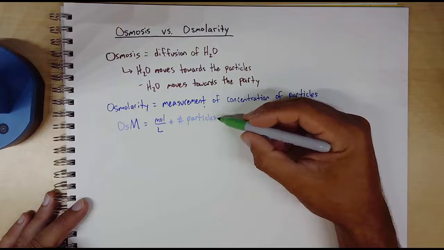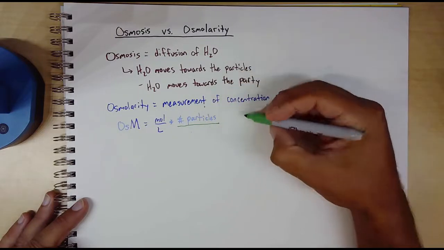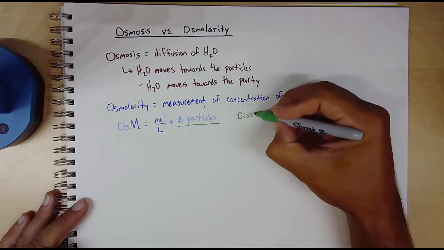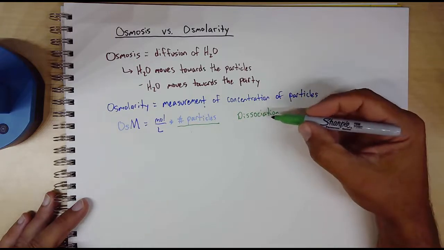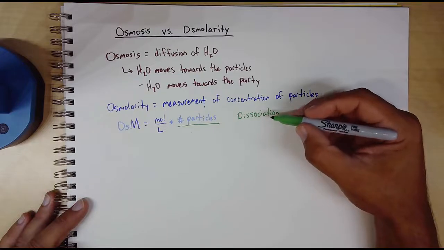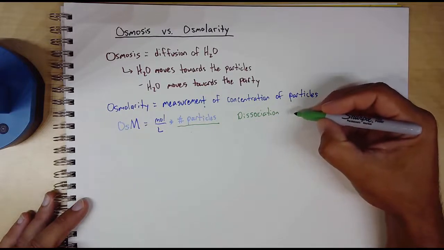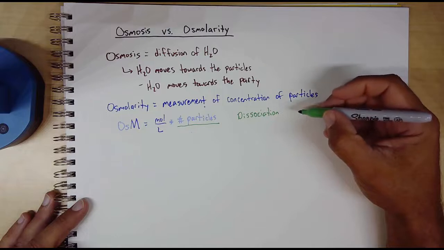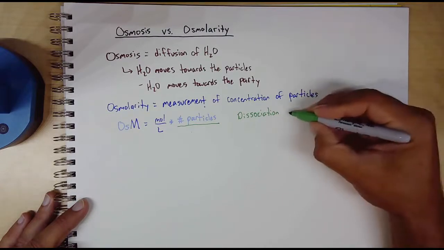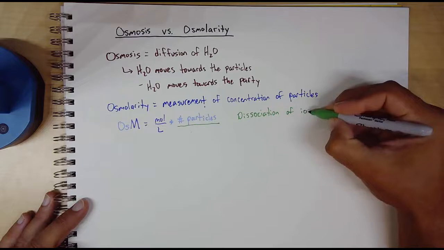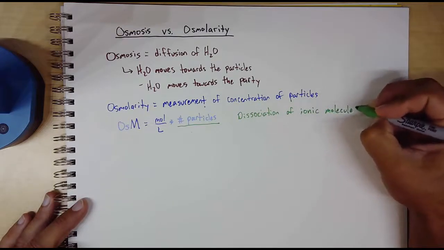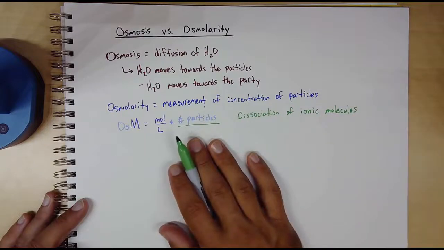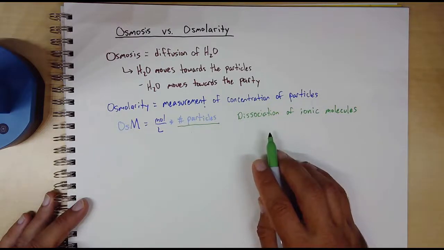So the particles here, this is a measurement of dissociation. And if you recall from class, dissociation occurs only if we have an ionic bond. So when we're trying to measure the number of particles, it's relative to the number of ionic molecules.